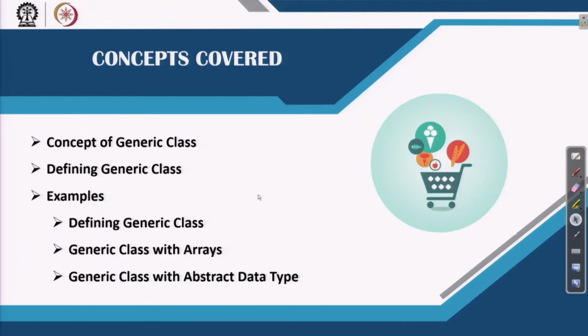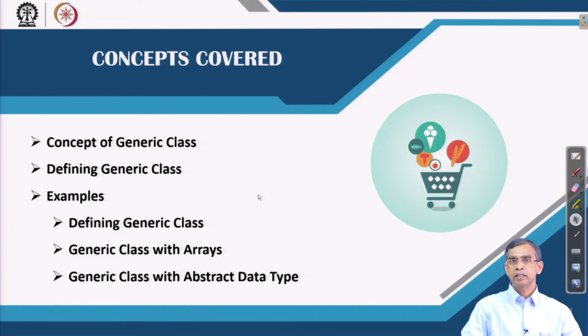Now, in this lecture we will first cover the concept of a generic class, then we shall learn about how a generic class can be defined. We shall illustrate the concept and the generic class definition with a few examples. The first example is very simple, showing how a generic class can be defined, and then a generic class with an array of elements.